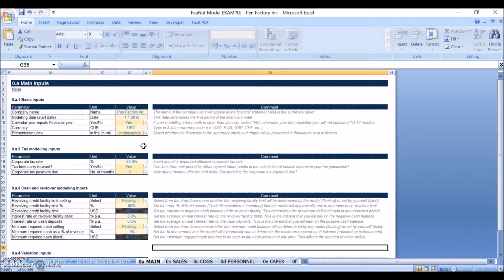So you can give it a try with your versions of the model if you purchased it. And in the next video we will continue with the sales inputs, so populating the tables for your assumptions on your sales.